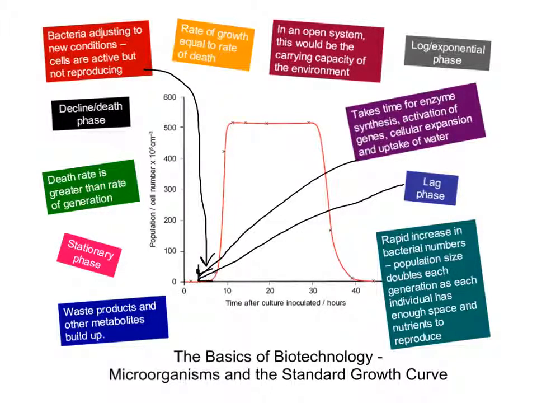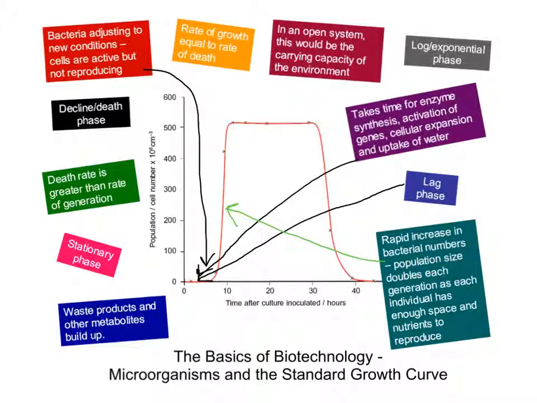Then you'll notice this sharp rise. We get this rapid increase in bacterial numbers. So we can now put in place this one at the bottom here, because what we've got is a rapid increase in bacterial numbers. The population size is actually doubling in each generation, as each individual now starts to have enough space and nutrients to reproduce.